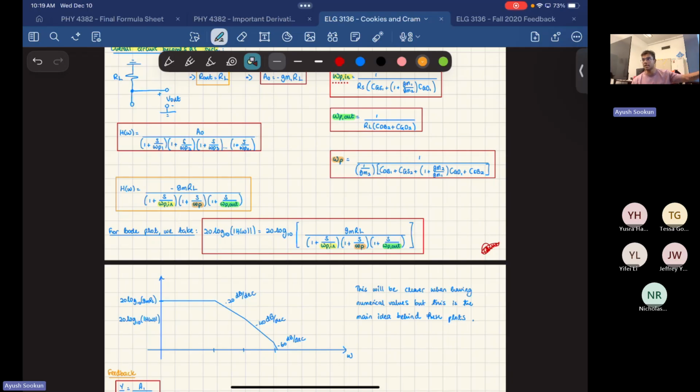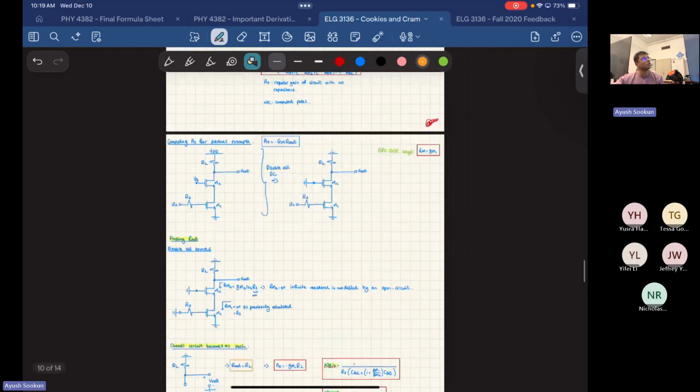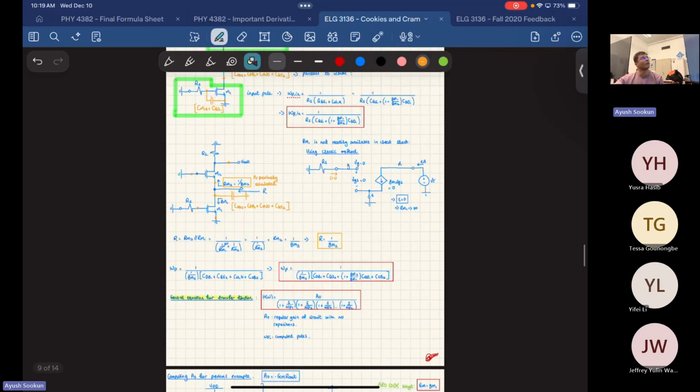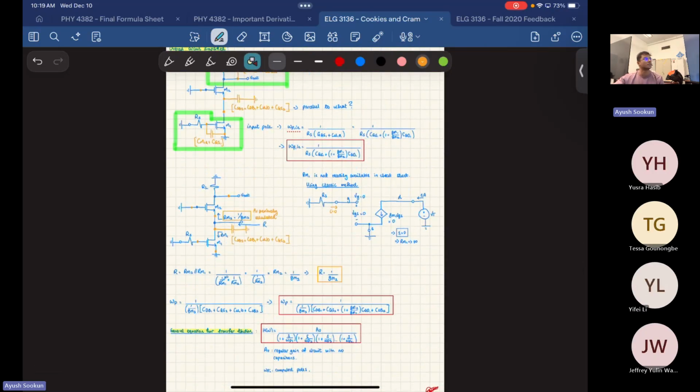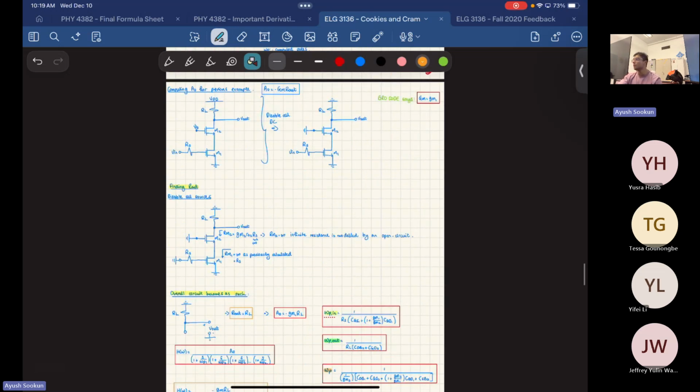In this class, you always go down. There's no zeros. This will be clearer with numerical values, but this is the main idea behind the poles. That's what I wrote here. This is the huge feedback question, probably one of the hardest ones, because it takes so long and it's easy to make a mistake. Any questions about this example?